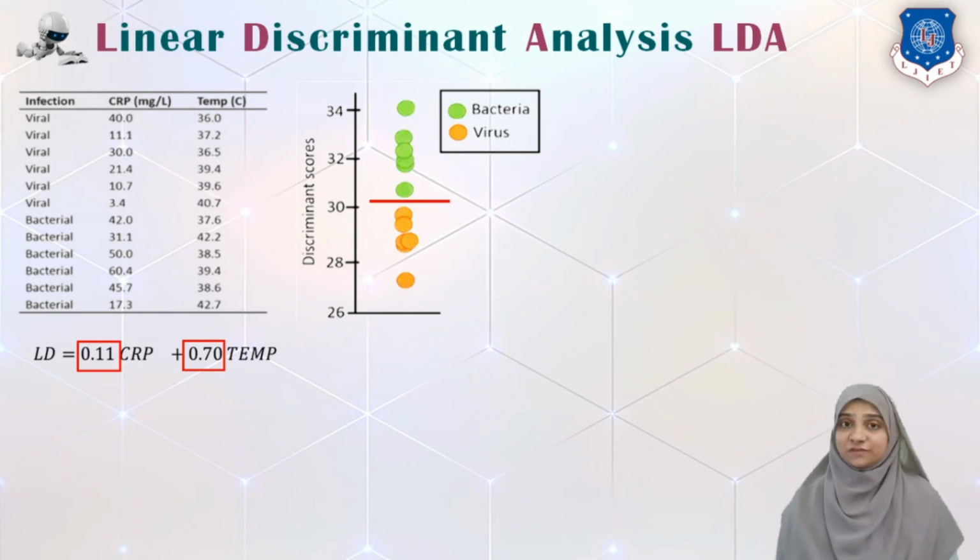So in the first graph, we had temperature on the x-axis and CRP on the y-axis, and we have drawn one red line. That red line equation is given by this particular equation.